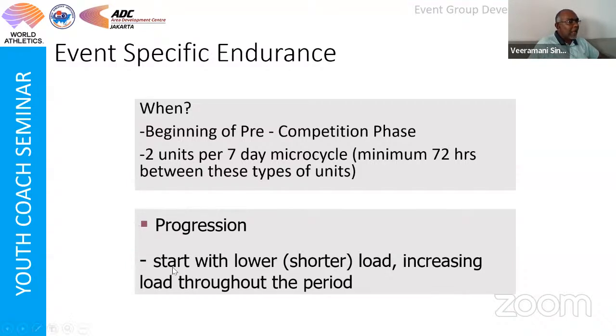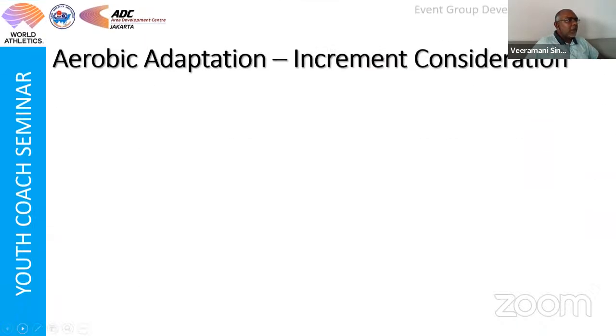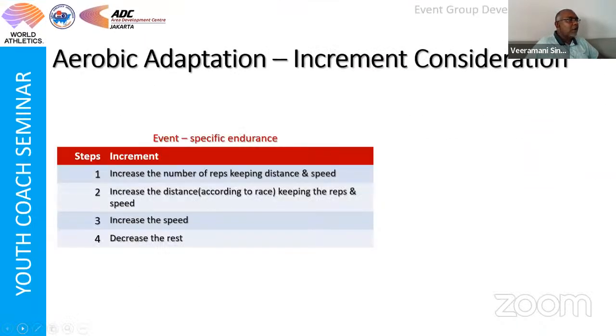Progression, normally we start with lower, shorter load, and then we increase gradually as the period goes. Rule of thumb, usually you can use anywhere between 8 to 10 days as an increment of distance or progression for event specifics. So how can we improve event specific endurance?